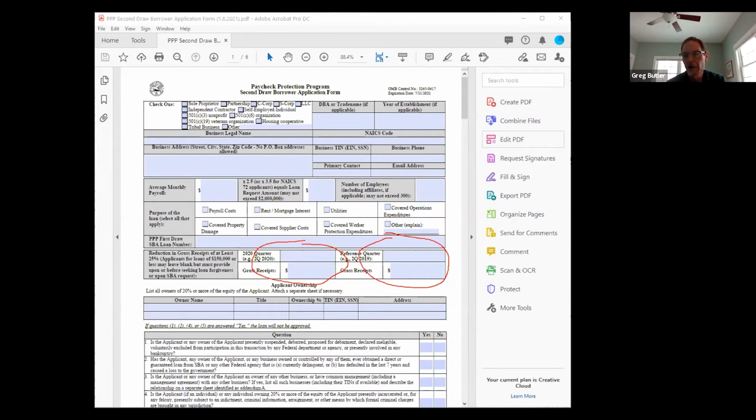Again, other than the point that Nick was bringing up before with seasonal businesses where you got to be careful. I mean, if someone's in operation during the whole covered period, hopefully you're not going to have anybody in a position where they're scrambling or trying to figure out that they have enough covered costs to get loan forgiveness.